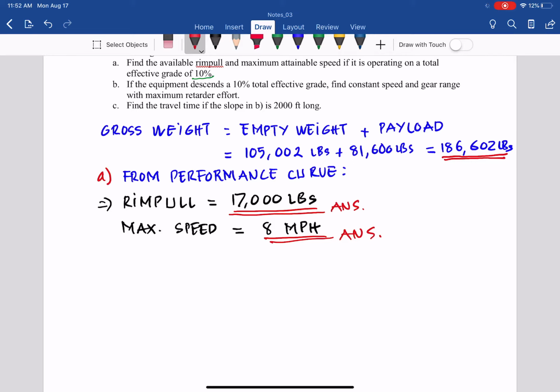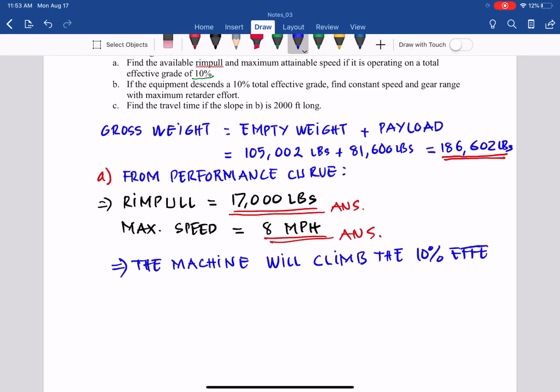So what does that mean? We can say that the machine will climb, ascend, right? Climb the 10% effective rate. What is effective rate? Go to problem 1.